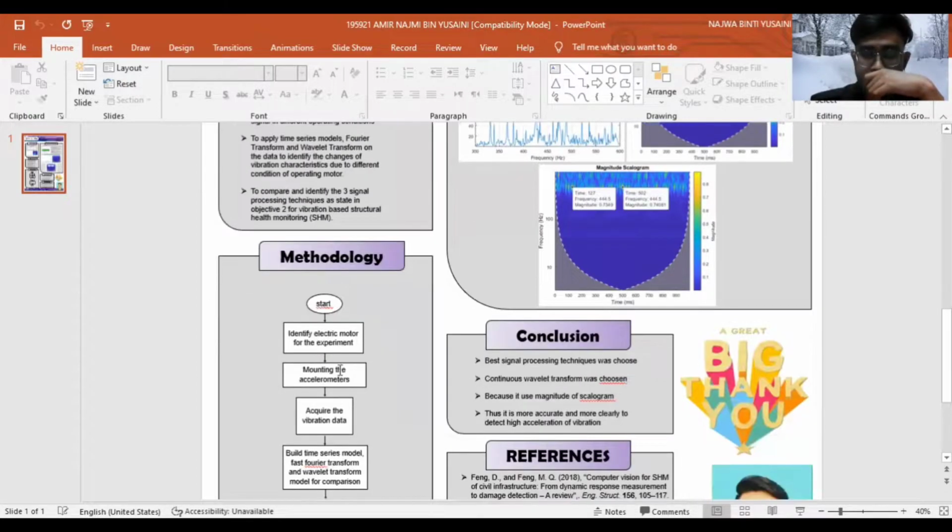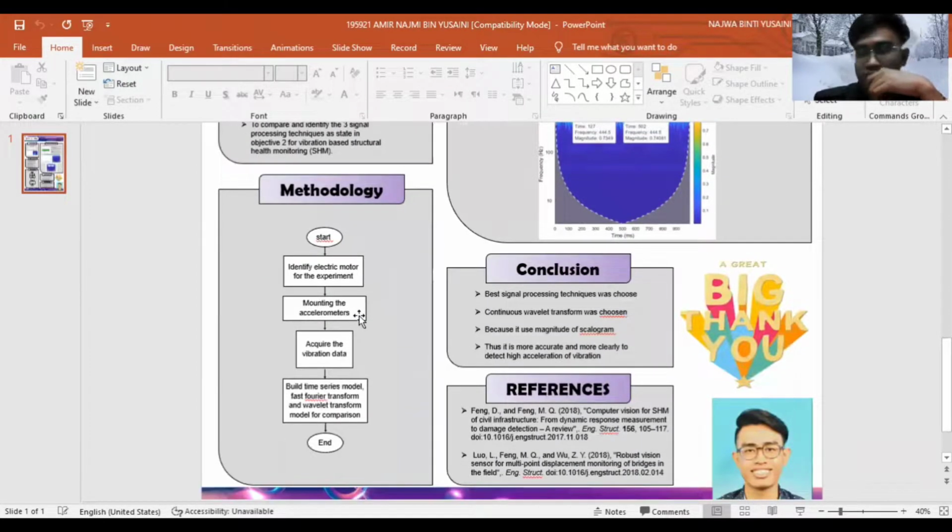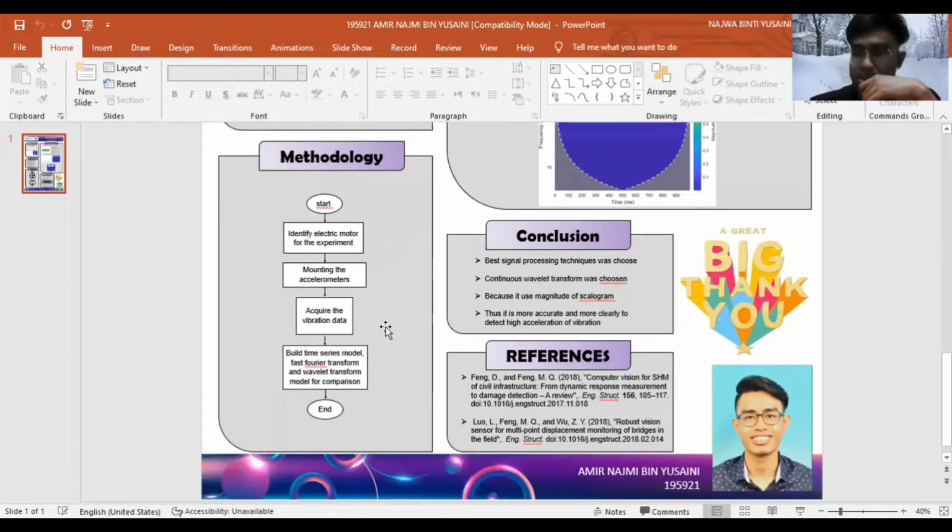So here is the methodology. First, we start the experiment. Second, identify the electric motor for this experiment. Third is mounting the accelerometer. The accelerometer is mounted on the electric motor to detect the vibration. We use a 3-axis accelerometer, which is the X, Y, and Z axes, to acquire the vibration data.